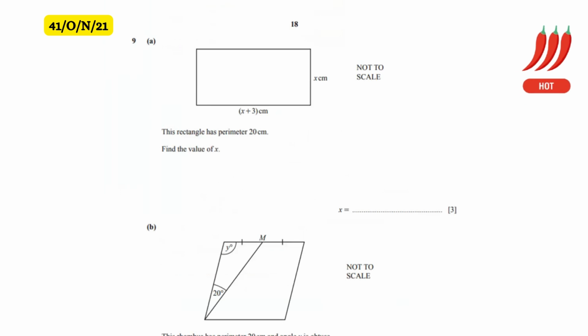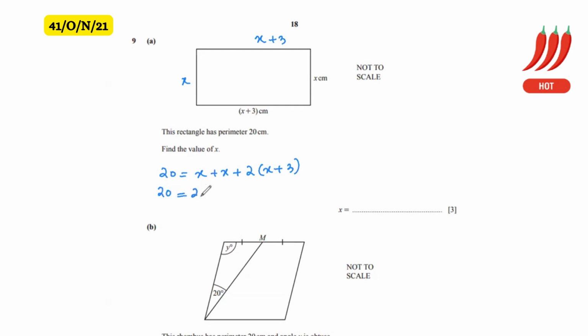Question 9 says a rectangle has a perimeter of 20 centimeters. Find the value of x. So 20 equals the sum of all of these lengths. Opposite lengths are equal in a rectangle. So x plus twice of x plus 3.